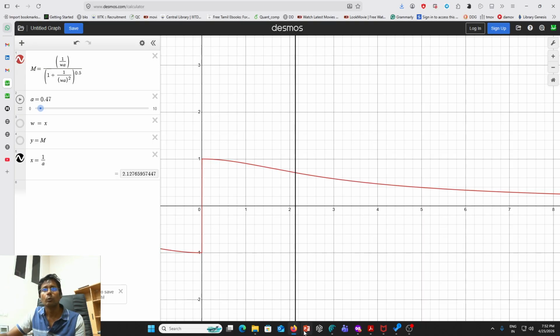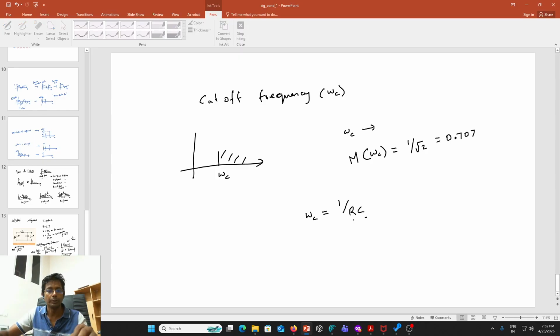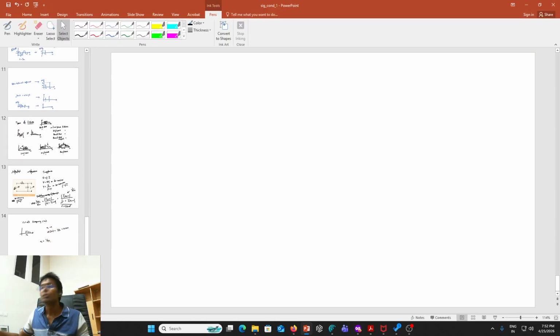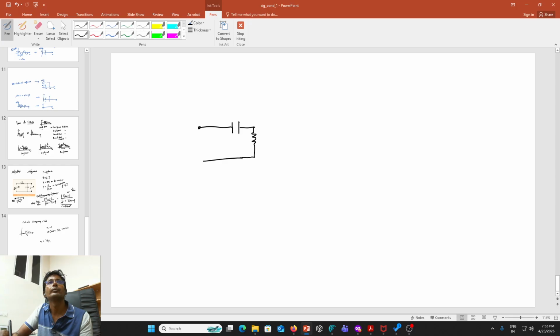And what do you do for a high pass filter? For a high pass filter, we do the following. Once again, we have the input voltage, but in the place of the resistor we will put a capacitor, and in the place of the capacitor we will put a resistor.